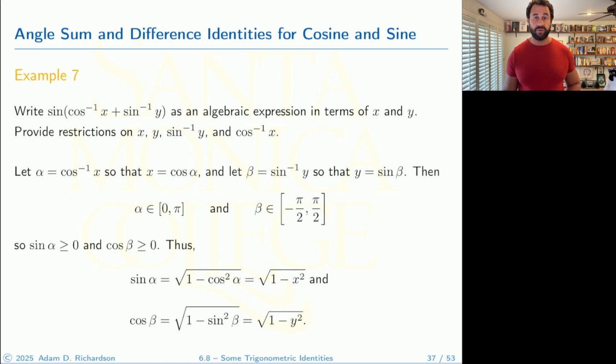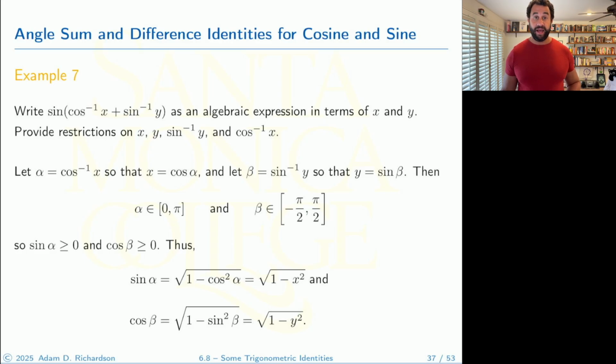Now, because we are dealing with those inverse trig functions, we now have those restrictions on these. We can see those restrictions. Alpha has got to be between 0 and pi because that's the restricted domain for cosine in order to even talk about inverse cosine. And then beta's got to be between -pi/2 and pi/2, again, because that's a restricted domain for sine before we can even talk about inverse sine.